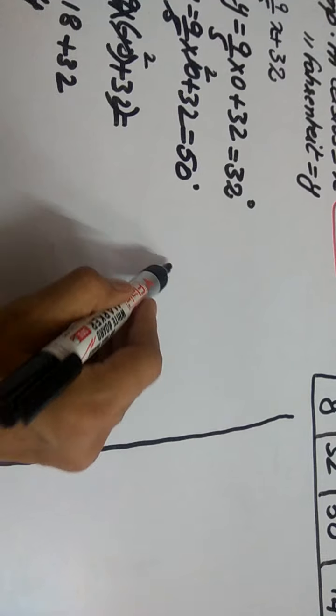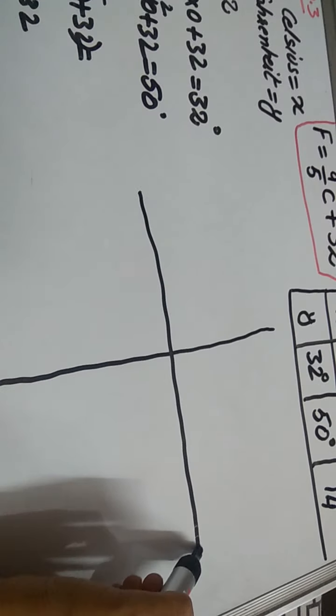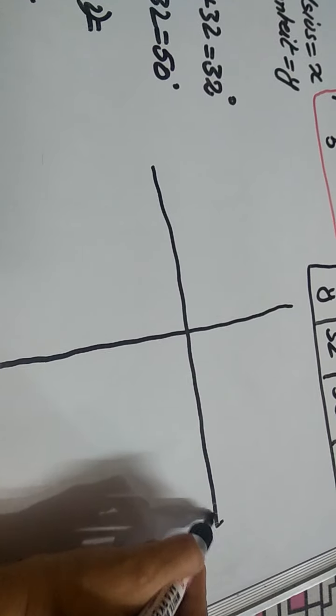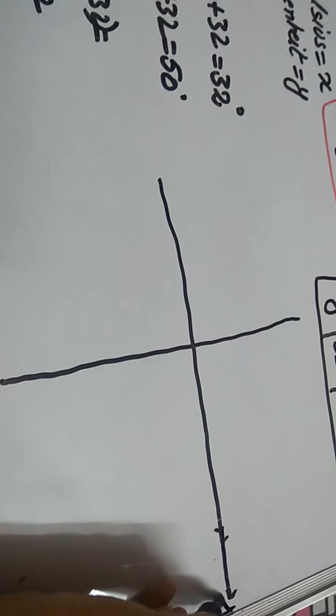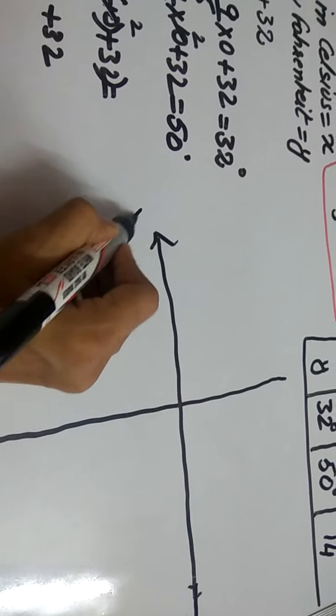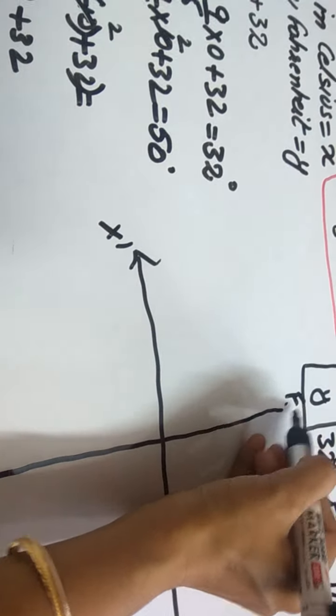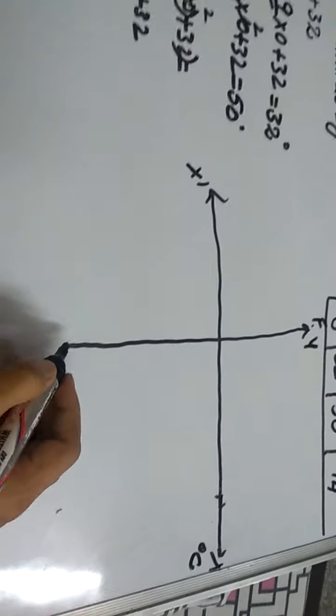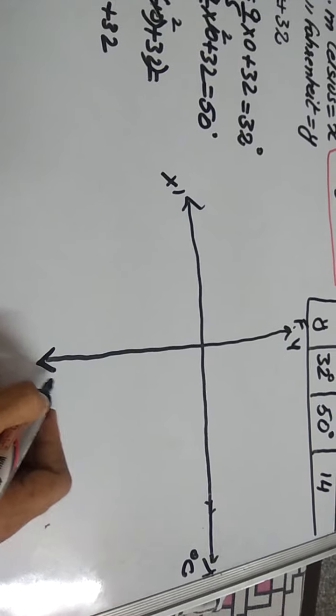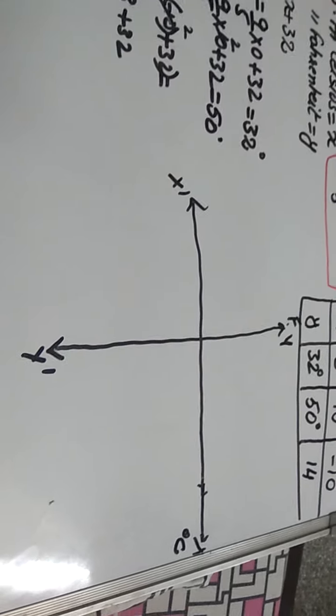So dear students, here is the graph. The horizontal axis will be taken as the x-axis, that is for Celsius, and negative will be x dash, and this will be for Fahrenheit. The standing line, the vertical line, will be taken as the y-axis.